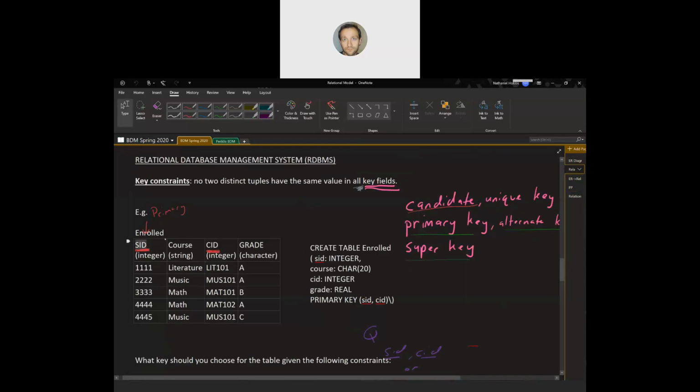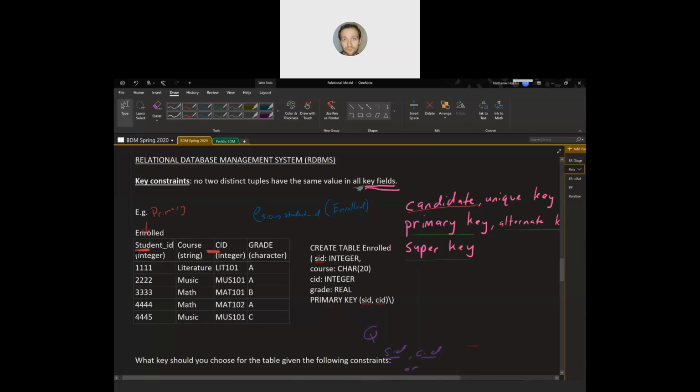Here, maybe if I didn't like student ID, then I could do rho student, I don't know, SID, and I could just name it student underscore ID. If I applied this rename to the enrolled relation, then the result would be the same relation, except this column would now be named student underscore ID.